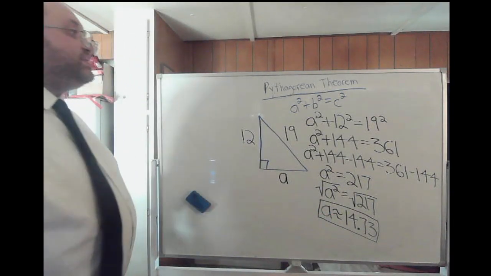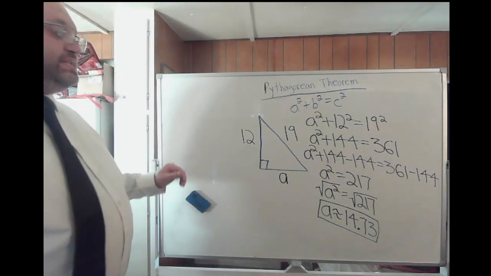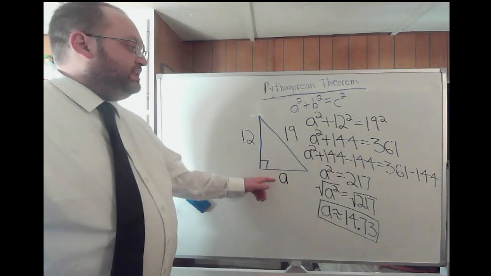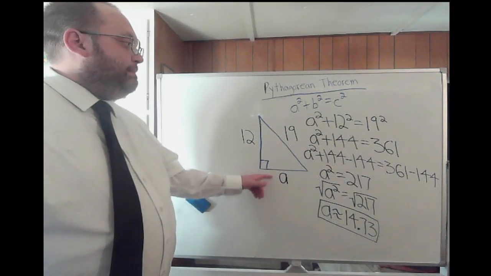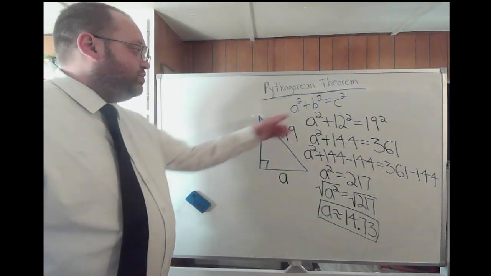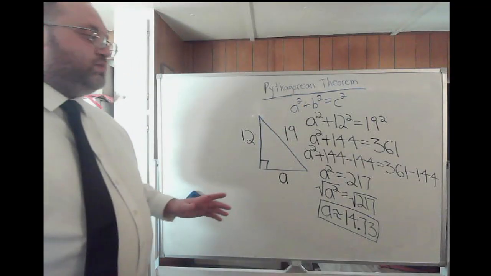So Pythagorean theorem again only works for right triangles. You take the length of one leg and set to the second power. We'll call the length of the one leg a squared, plus the length of another leg squared, which would be b squared. You set that equal to the hypotenuse squared, which is c squared.